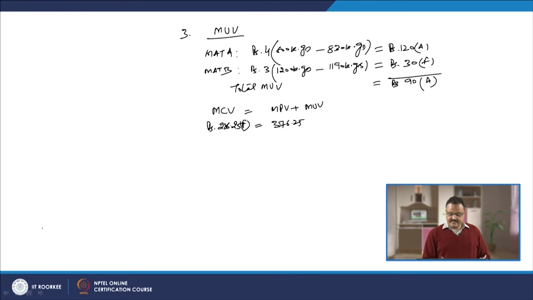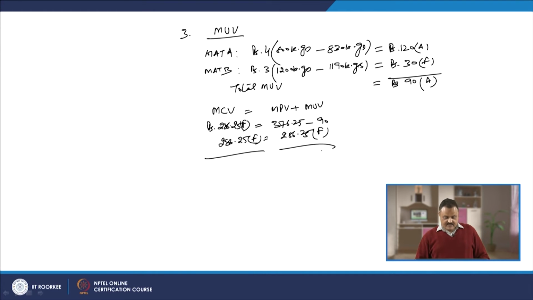So if you take 376.25 minus the material usage variance, which is 90 adverse, we are subtracting it, and both sides are 286.25 favorable, right. So both these variances tally with each other. So you can assume that the variances we have calculated are correct and there is no doubt about the correctness of calculating the variances.